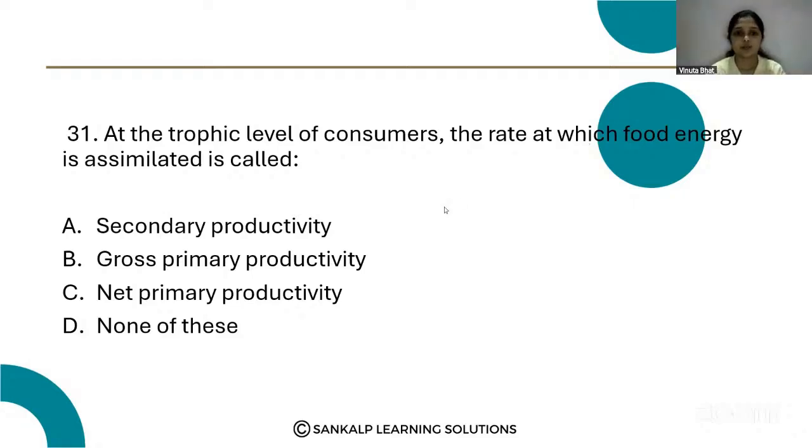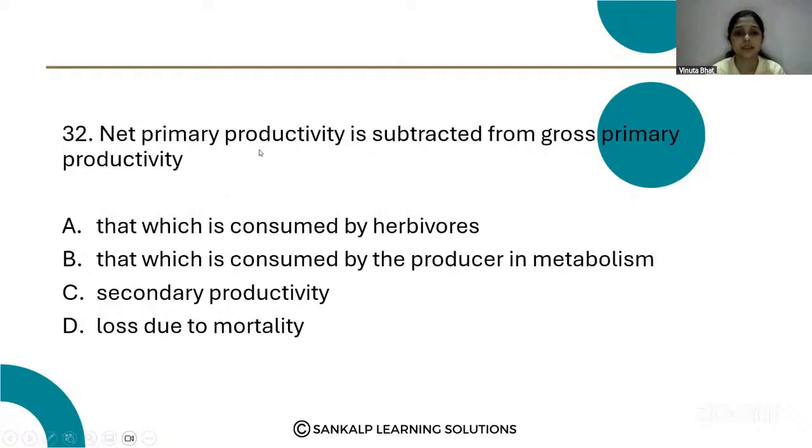Question number 32. Net primary productivity is subtracted from gross primary productivity, that which is consumed by herbivores, that which is consumed by the producer in the metabolism, secondary productivity, loss due to mortality. So here, net primary productivity, that is NPP, is equal to GPP minus respiration.